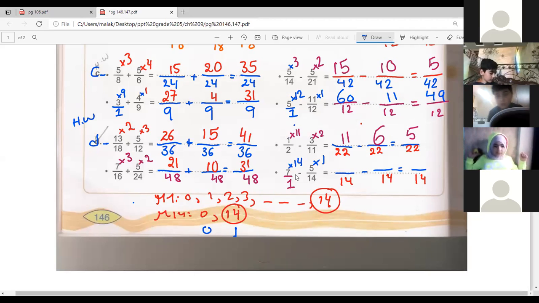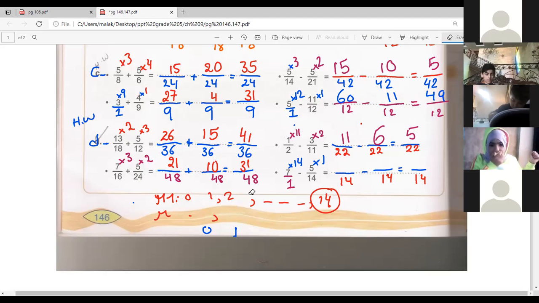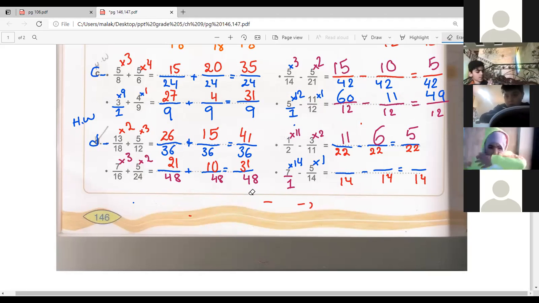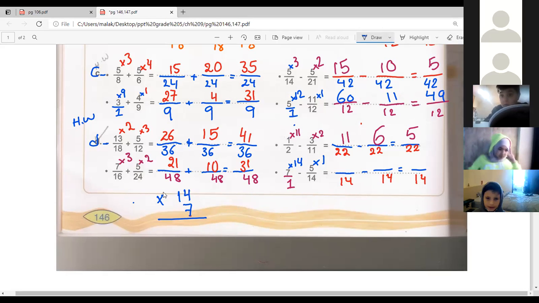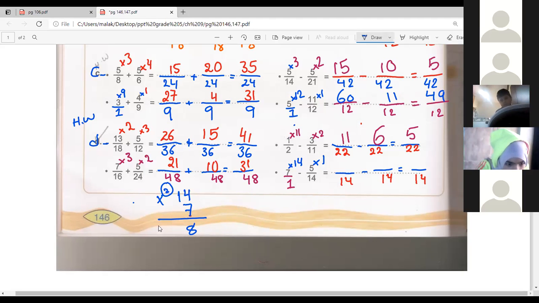We multiply the numerators. 14 times 7. Multiply, arrange them: 7 times 4, how much? 28. 8 down and 2 up. 7 times 1 is 7, we carry 2, 9. So 98.